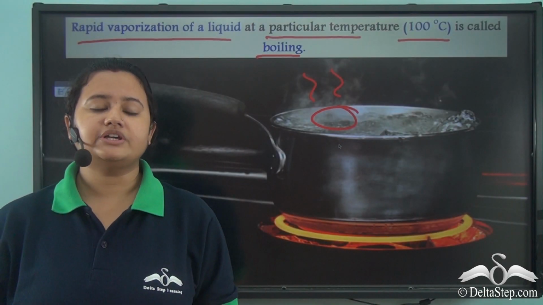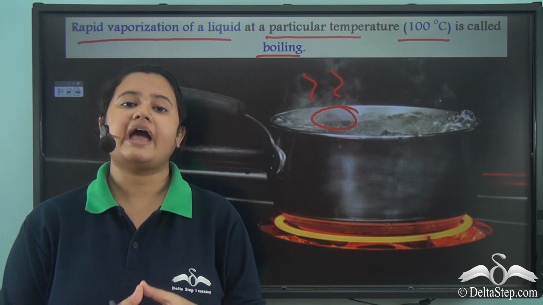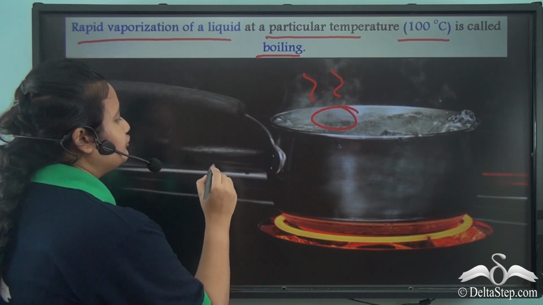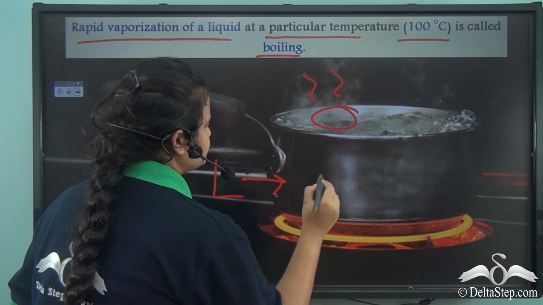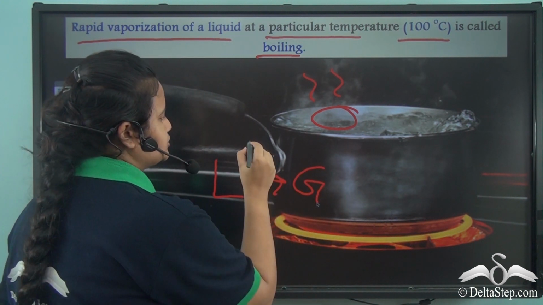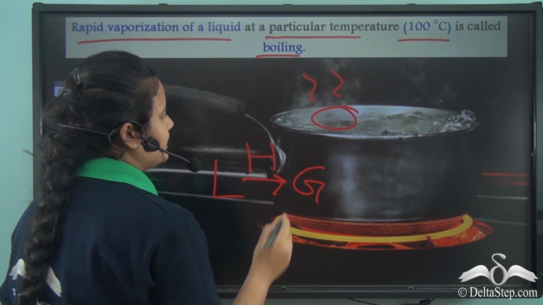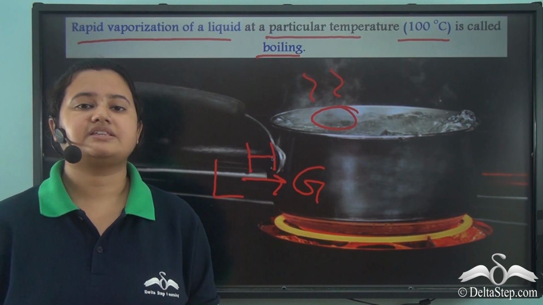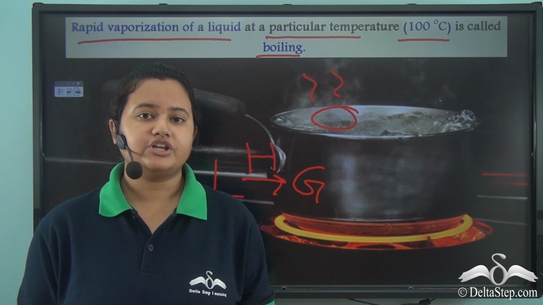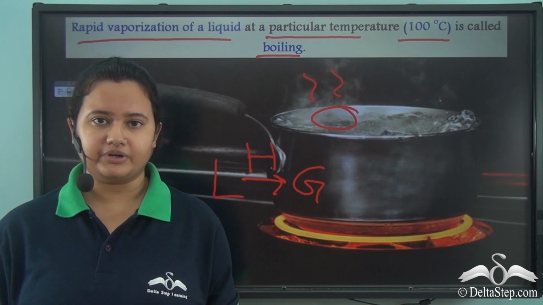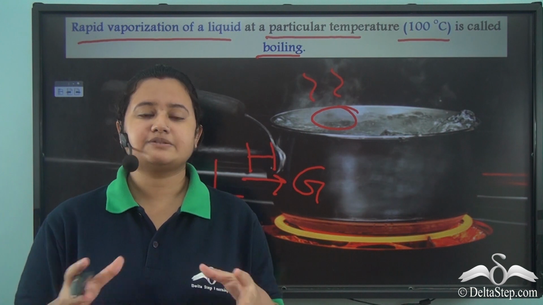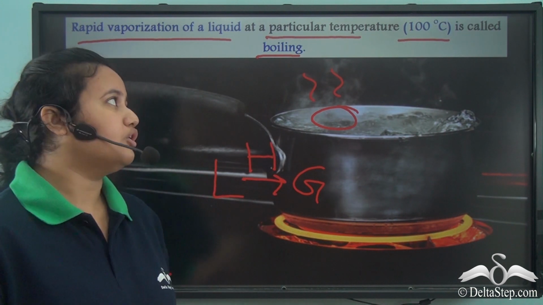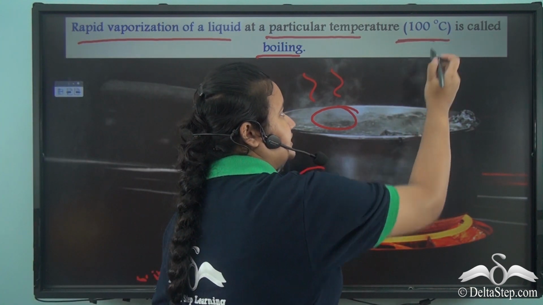Now if you notice, in both evaporation and boiling there is a change in state of matter from liquid to gas on absorbing heat. But evaporation and boiling are not the same process. Evaporation occurs at all temperatures, but boiling takes place at a specific temperature, and the boiling point of water is 100 degrees Celsius.